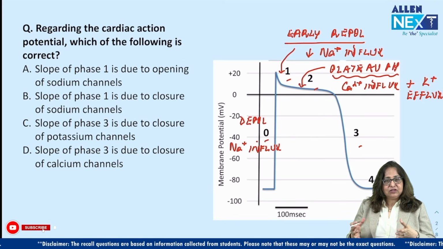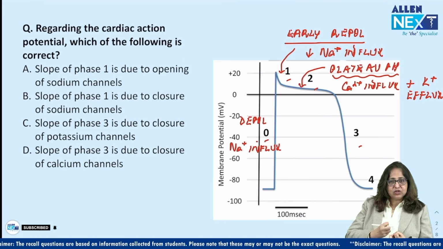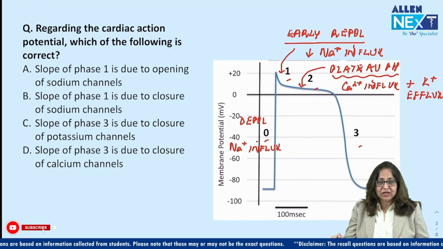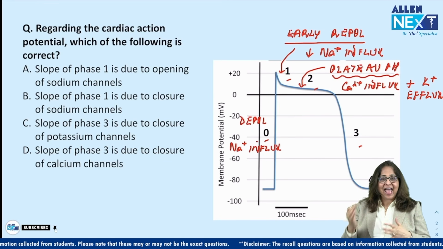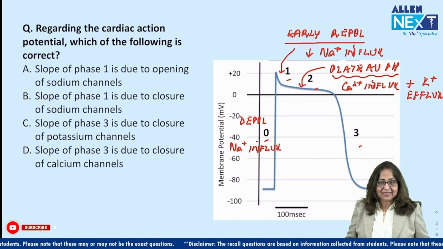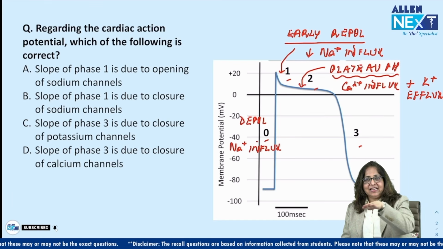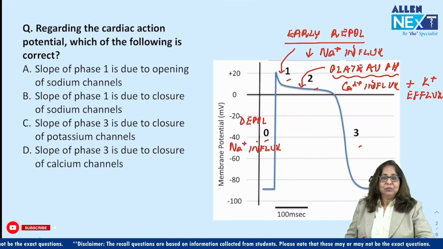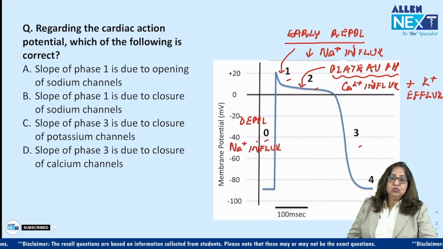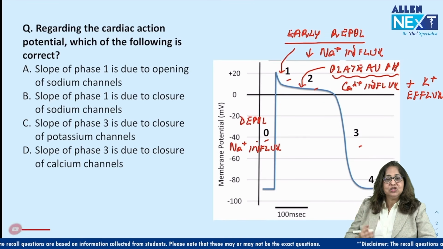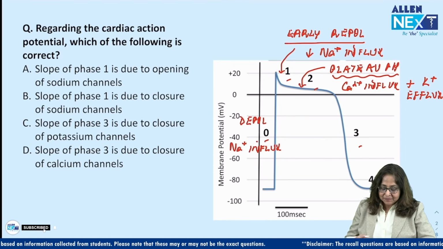So in phase 2, in the plateau phase, there is gain of positive charge and there is loss of positive charge. And because there is gain and loss of positive charge happening simultaneously, you get a horizontal line, which indicates that there is no change in potential or minimal change in potential during this phase.